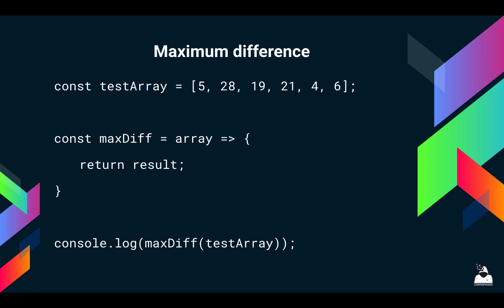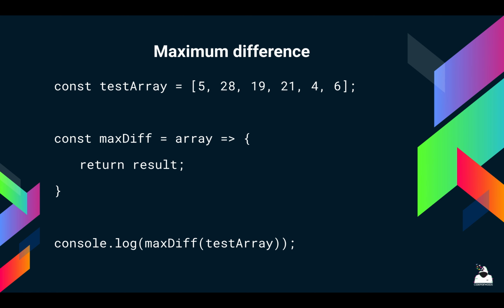This is how you're going to write it. I'll paste this into the Slack channel, but you're going to start with a test array. Here's one I made earlier. We have a function called maxDiff that receives the array and returns a result. Yep, this doesn't do anything.